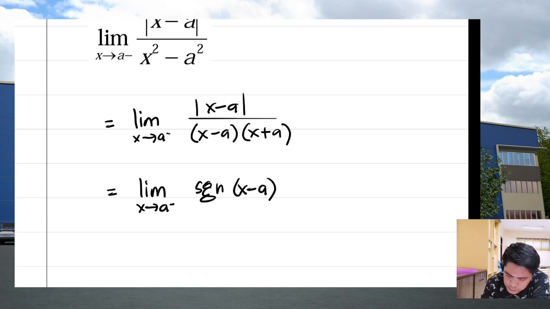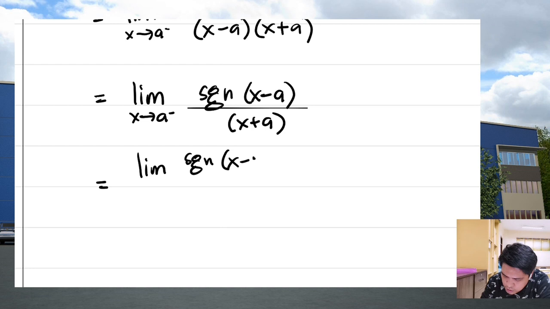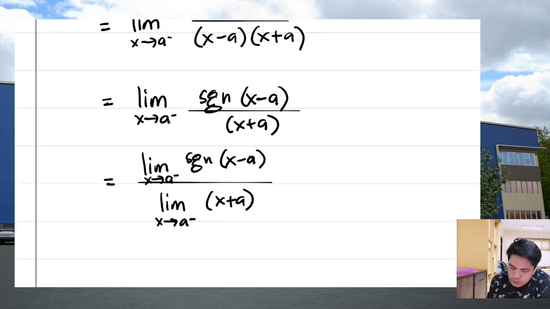Divided by, so ilagay natin dito, meron pang x minus a sa ilalim. X plus a sa ilalim. Okay? Now, properties or theorems on limits we could rewrite this as the limit of the signum of x minus a as x approaches to a from the left over the limit of x plus a as x approaches a from the left.